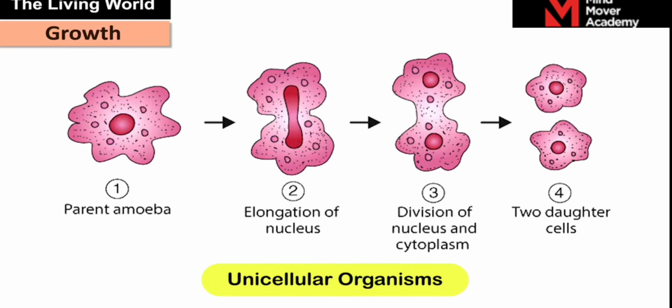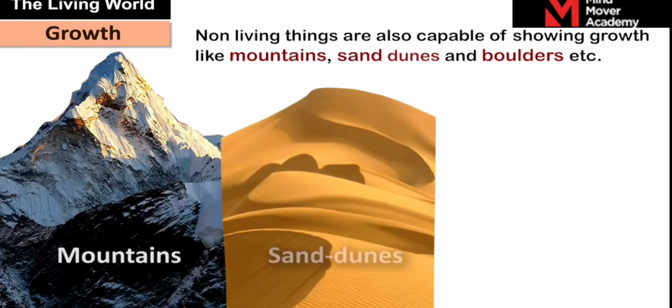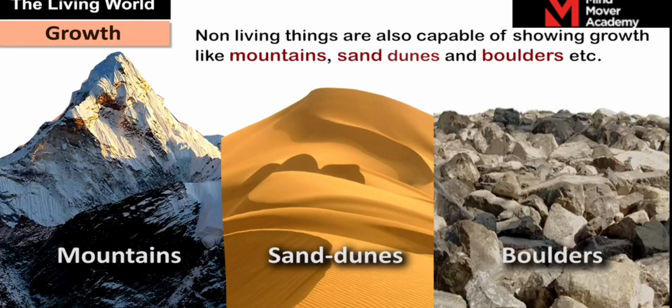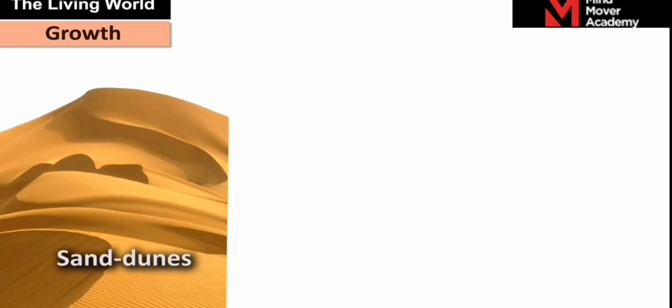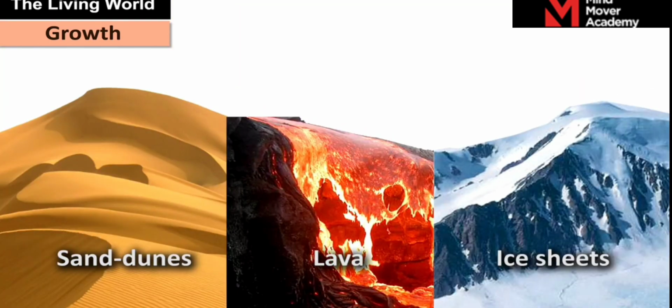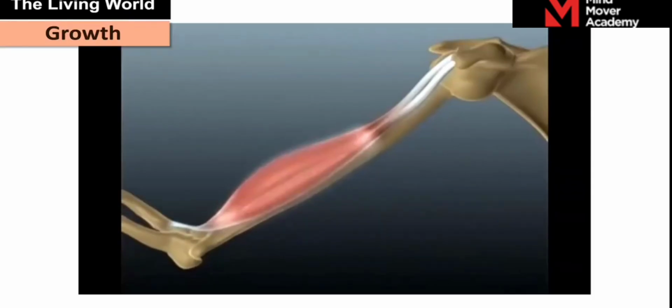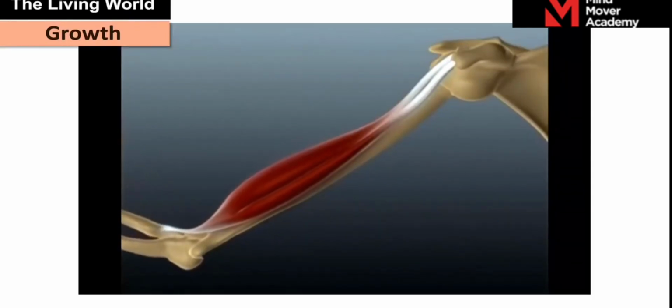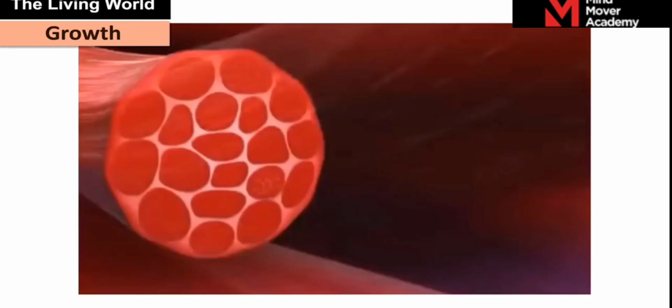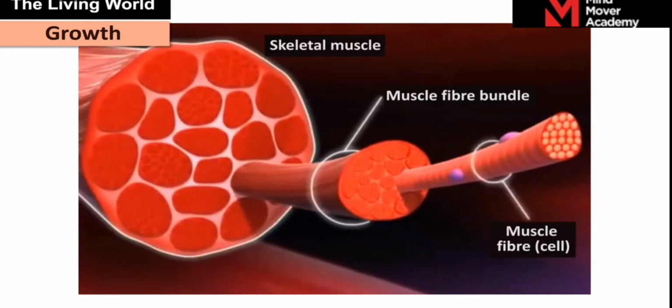Alright, and students, you will be surprised to know that even non-living things are capable of showing growth, such as the mountains, the sand dunes, the boulders, etc. While their growth is external, in the form of mass by deposition of the material on the surfaces, like in the case of sand dunes, solidified lava, ice sheets, etc. On the other hand, the living organisms show internal growth due to addition of muscular mass, fat, and formation of cells inside the body.